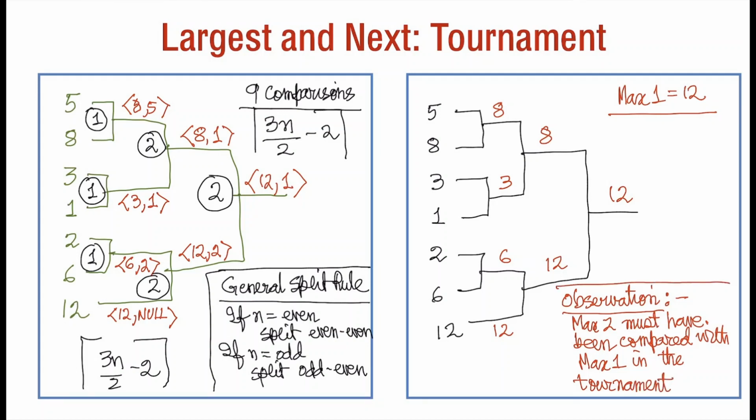This is a very interesting observation. It says that the second largest element must have been compared with the largest element at some point in time. So if the second largest element has been compared with the largest element at some point in time, this is now the rule.